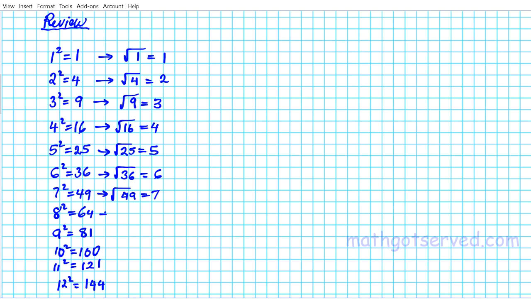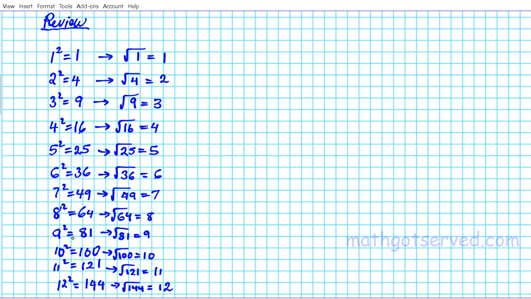You see the pattern here? The square root of the perfect square 64 is 8. Square root of 81 is 9. The square root of 100 is 10. And this follows that the square root of 121 is 11, and the square root of 144 is 12.